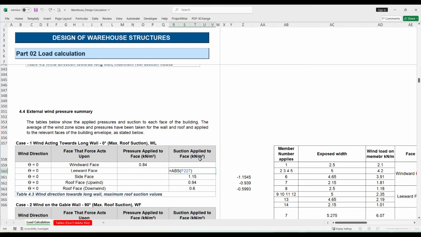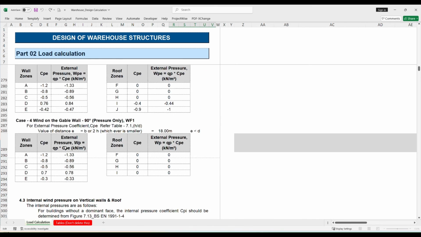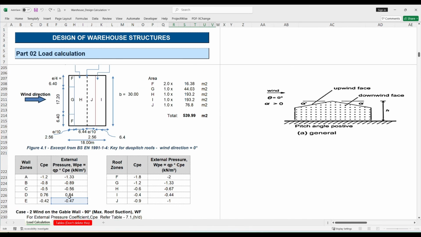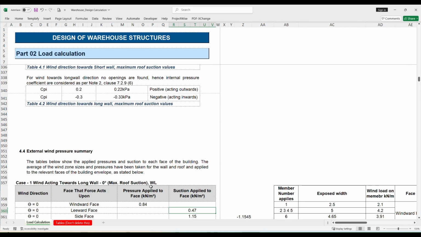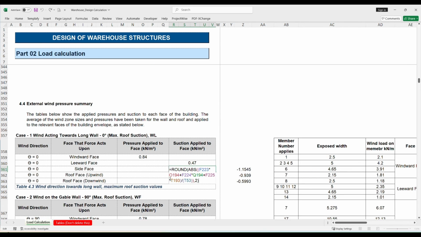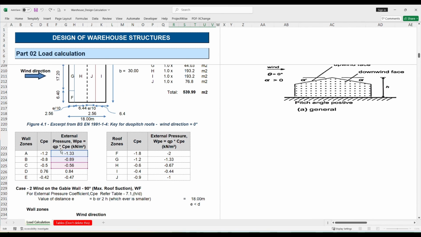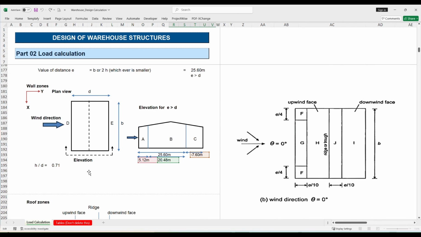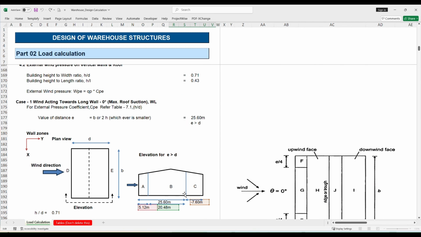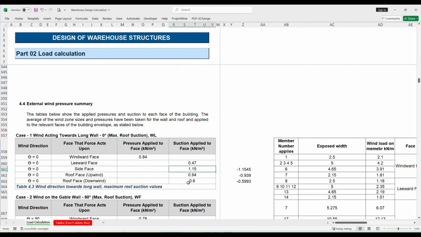Here, as it is a suction, it is a minus value. We are considering that. Similarly for the side, we are considering the maximum value of all the three, which is 1.3. A, B, C is nothing but the side view you can see here with the direction. This is applicable for both the sides.